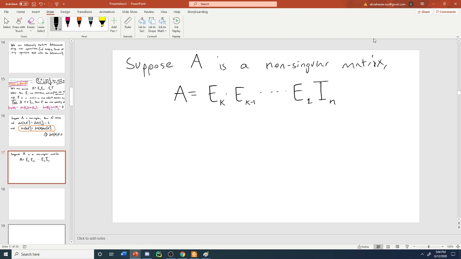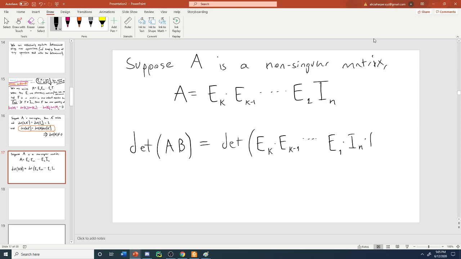If we do this, then we can look at the determinant of A times B. This is the same thing as the determinant of E_k times E_{k-1}, and so on, E_1 times I_N times B. But if you multiply the identity matrix by B, you just get B. So this is the determinant of E_k, E_{k-1}, and so on, E_1, B.